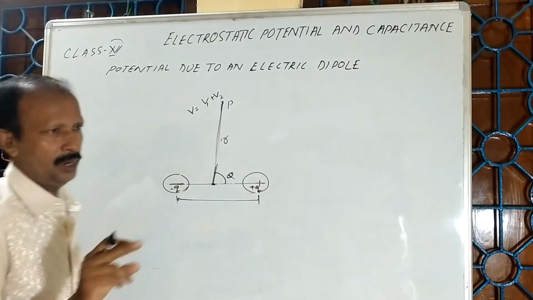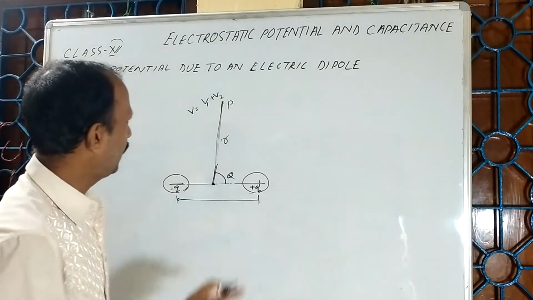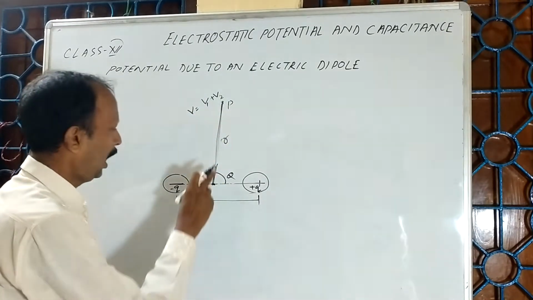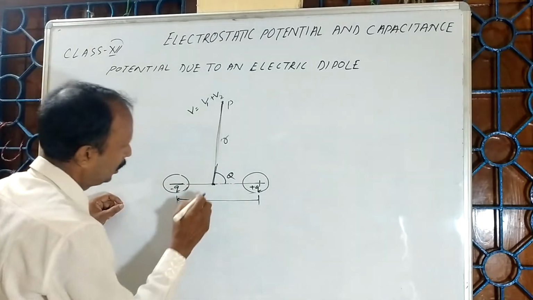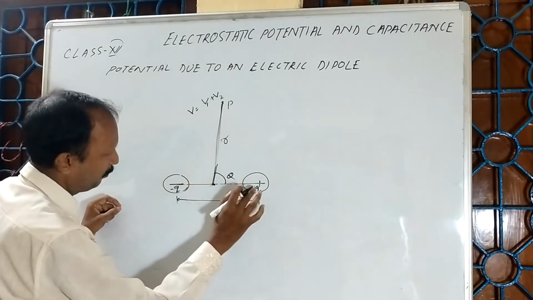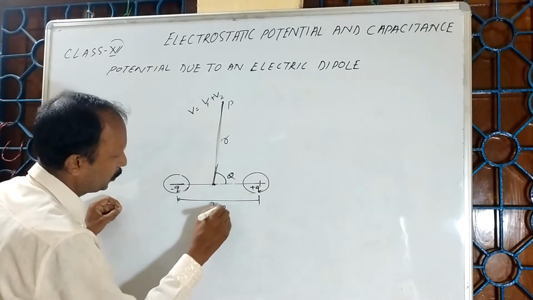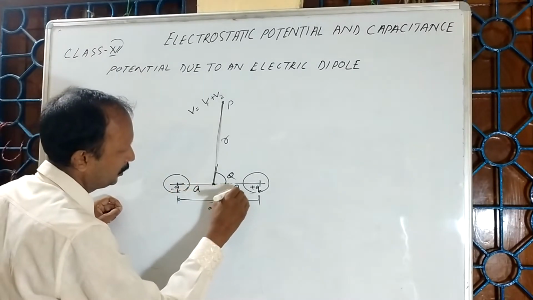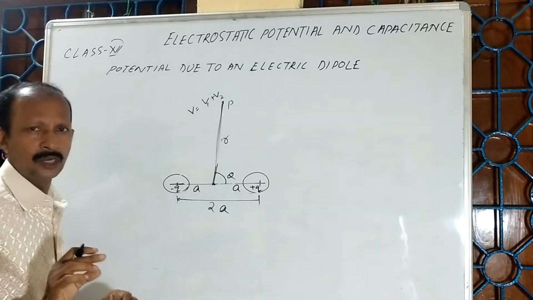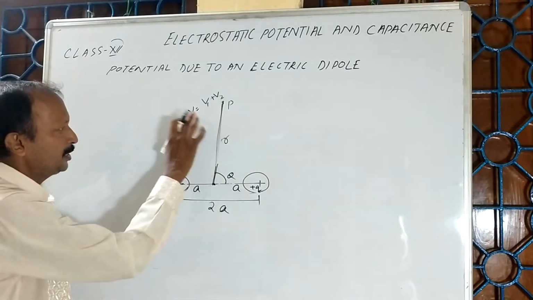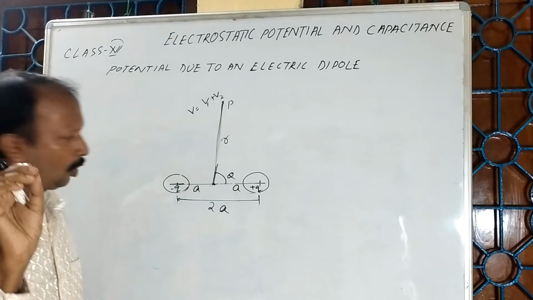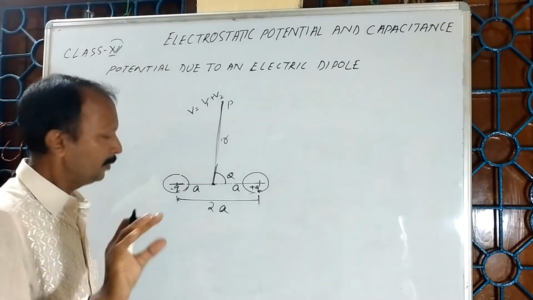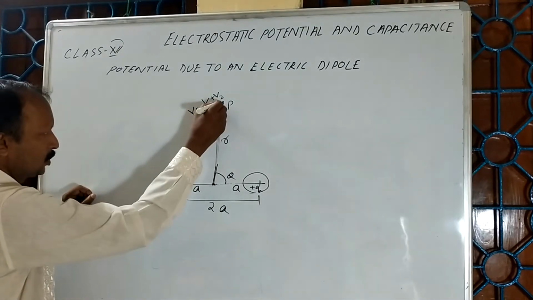I have to calculate the potential at this point P in terms of r, and also suppose the dipole distance is 2a, so from here to here is a and from here to here is also a. So I have to express this potential in terms of r and theta. Okay. Now let us join this point.